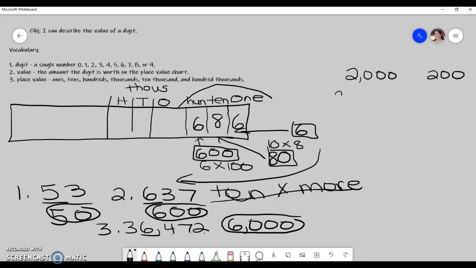The 2 in 2,000 is 10 times more or 10 times less? Well, let's look at it. There's 4 digits here and there's only 3 digits here. So that means that this number is larger because that's in the thousands place. So in this example, it would be 10 times more than 200.